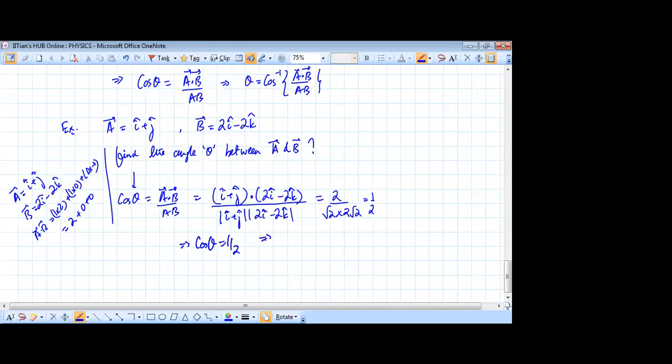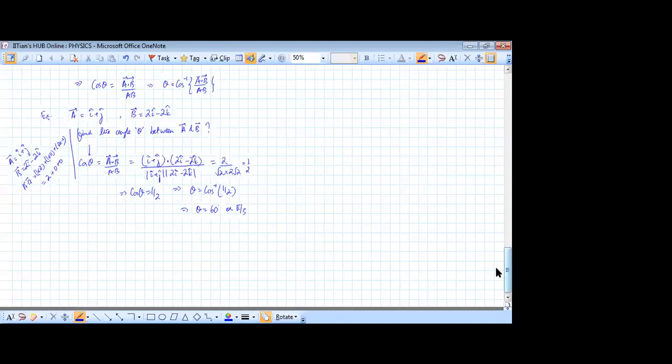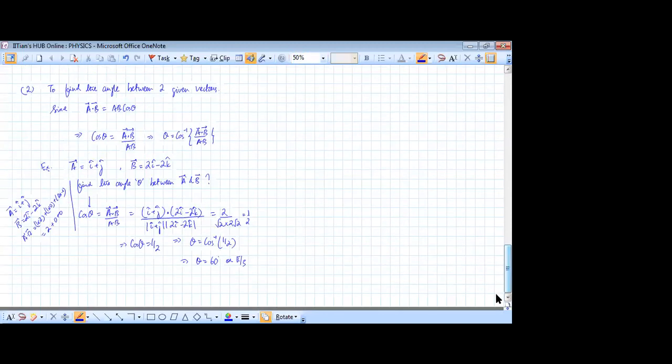Or we can say that theta is cos inverse of half. Or that means theta is equal to 60 degrees or pi by 3. Okay. So this is the important application of how we use dot product to find the angle between two given vectors. So just note down this example and I'll give you more.